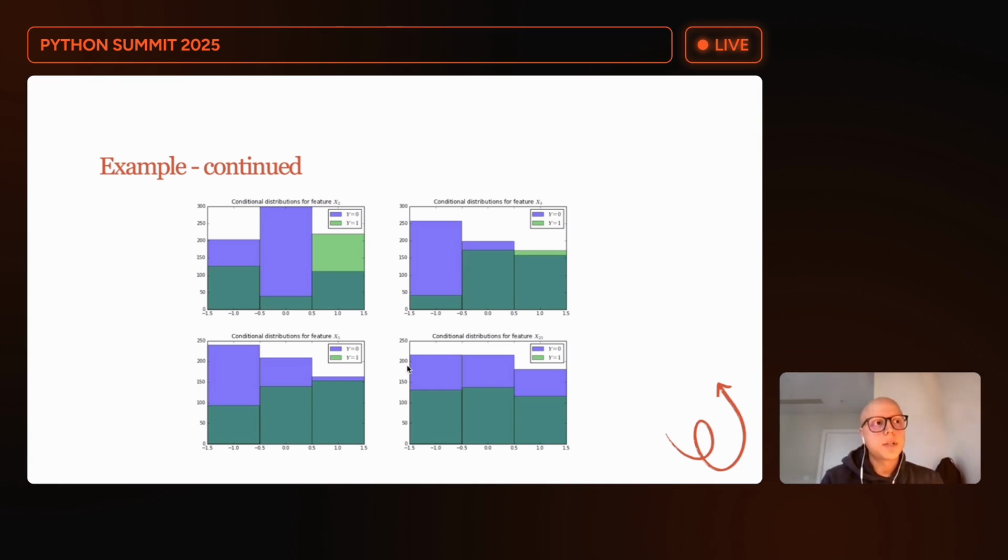If some characteristic is distributed differently within two groups that are built based on the target that we're trying to predict, then probably it is useful to include such an object to the sample, to the model building process.